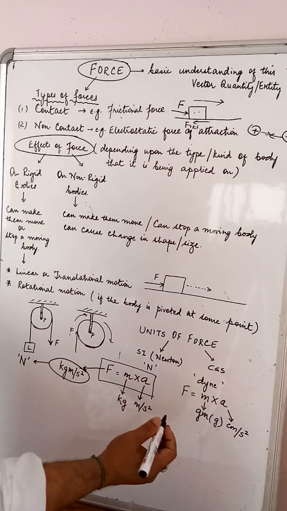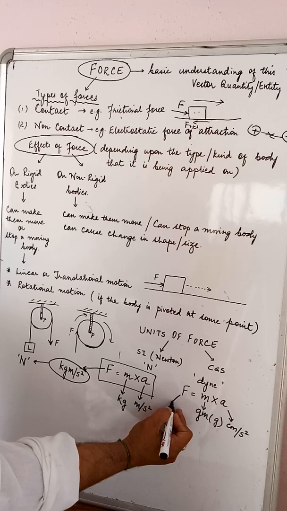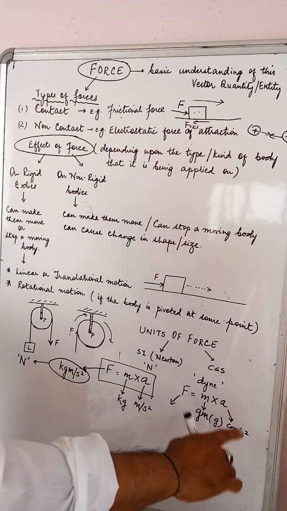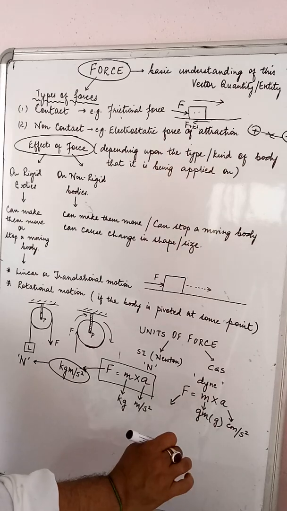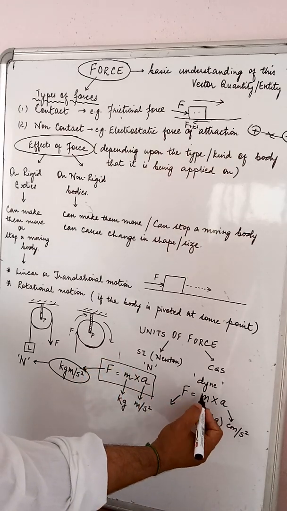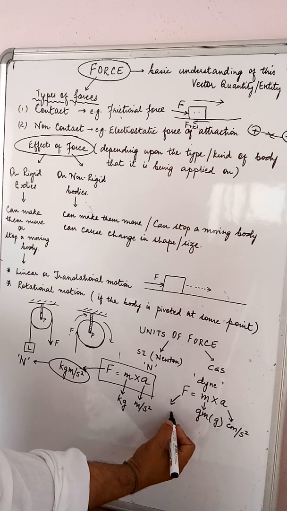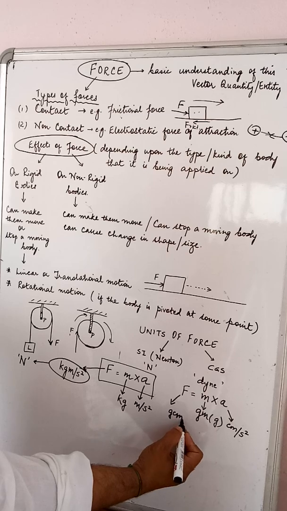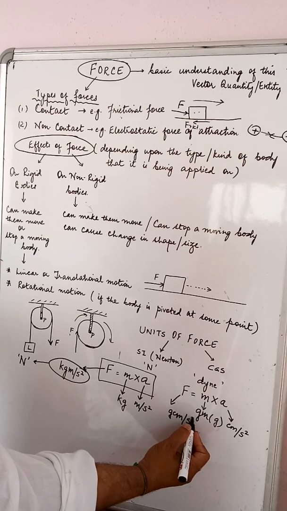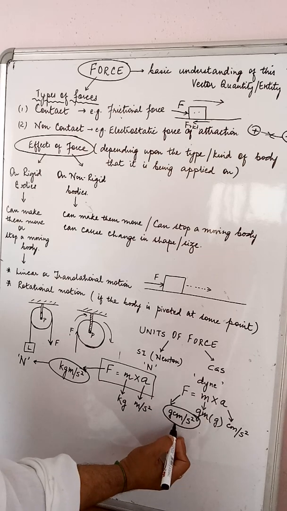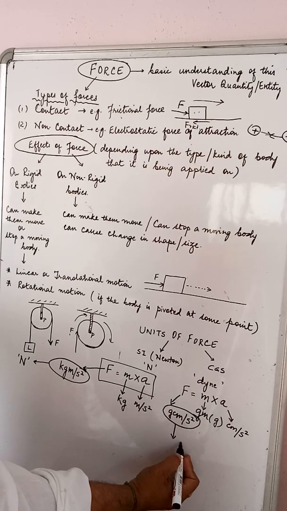Now if somebody asks you, can I represent the unit of force also with the help of these two CGS units according to the formula? Again my answer would be yes. So F, according to this formula, if you write in terms of units, it will become gram centimeter per second square, and it is this that is translated into dyne.